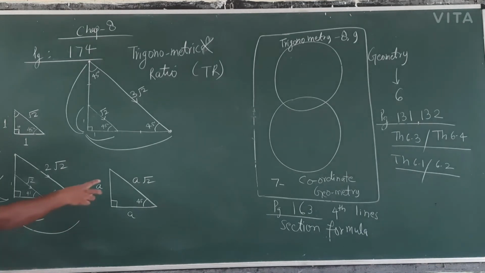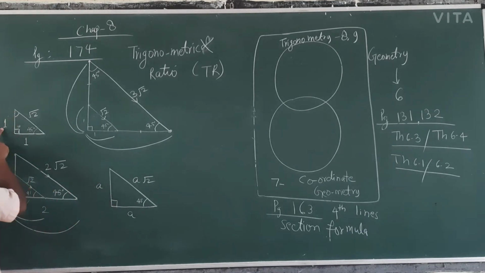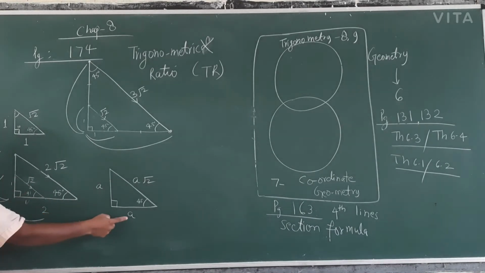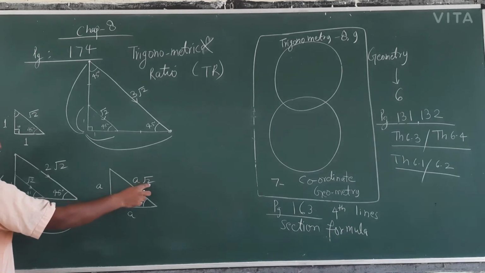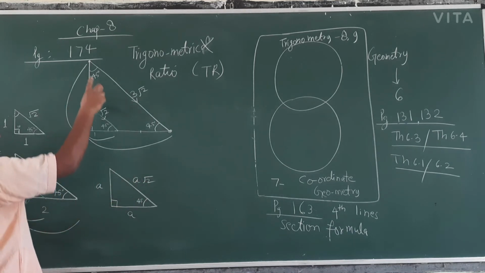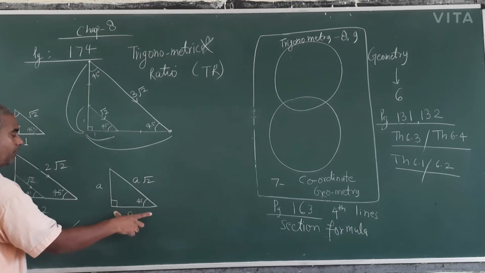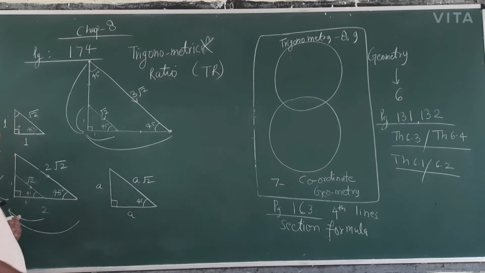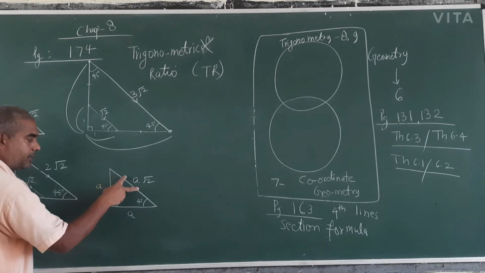So this is the actual formula. When A is equal to 1, this will be 1, 1 and 1 root 2. When A is equal to 2, this is 2, 2 and 2 root 2. When A is 3, that will be 3, 3 and 3 root 2. So here we are getting the ratio.